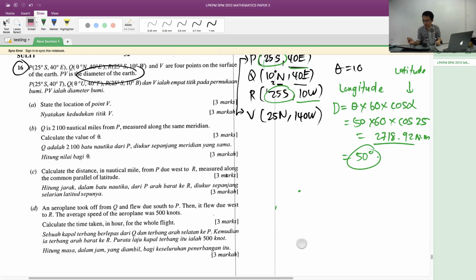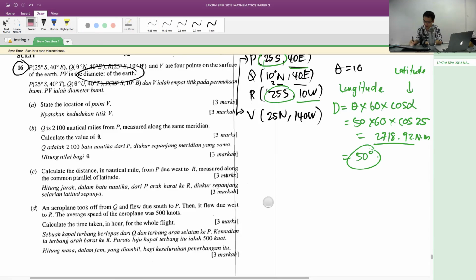Okay, so let me write out the positions first. Now let me see how the aeroplane flew. It took off from Q, so Q goes due south to P, and then it flew west to R.